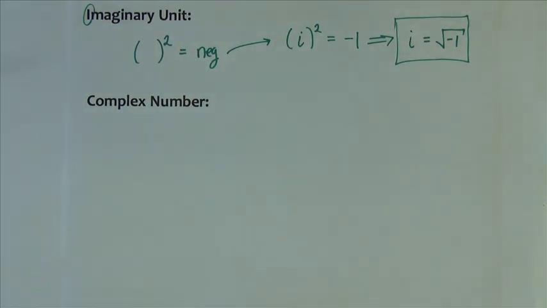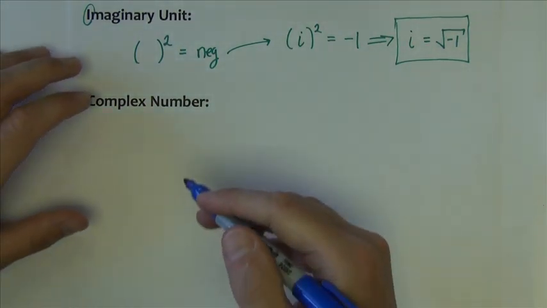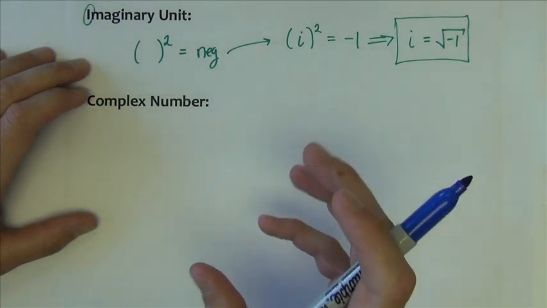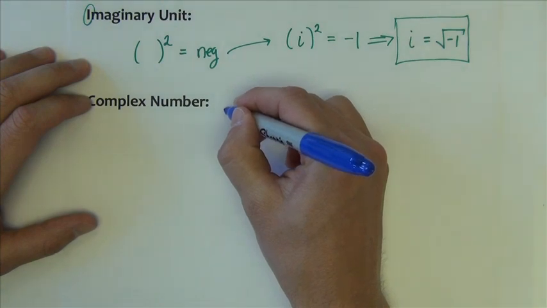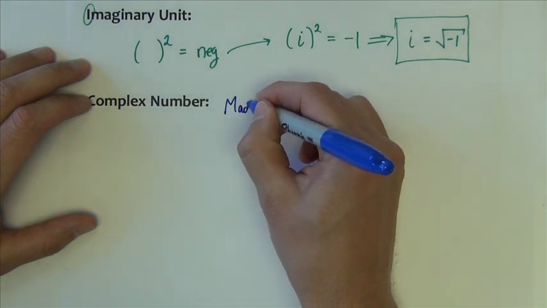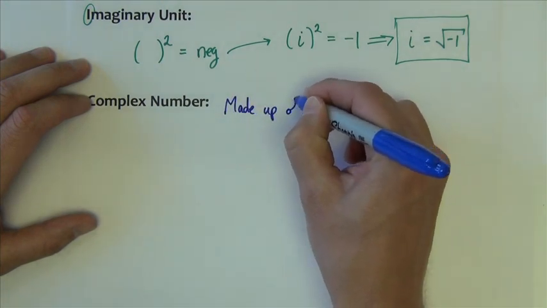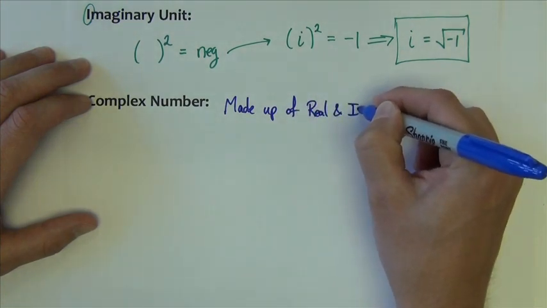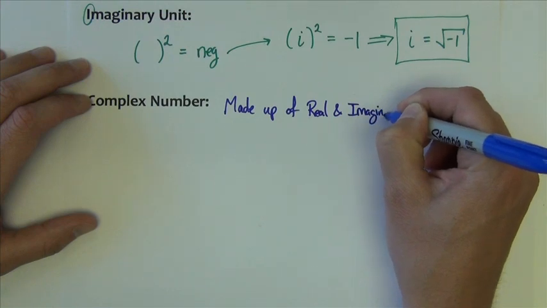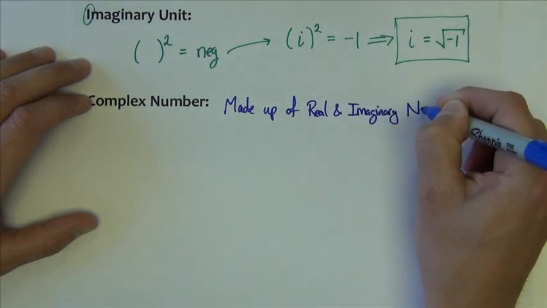Now, the set of complex numbers are ones that are made up of both real and imaginary numbers. So let's write that out. Complex numbers are made up of real and, say, imaginary numbers.